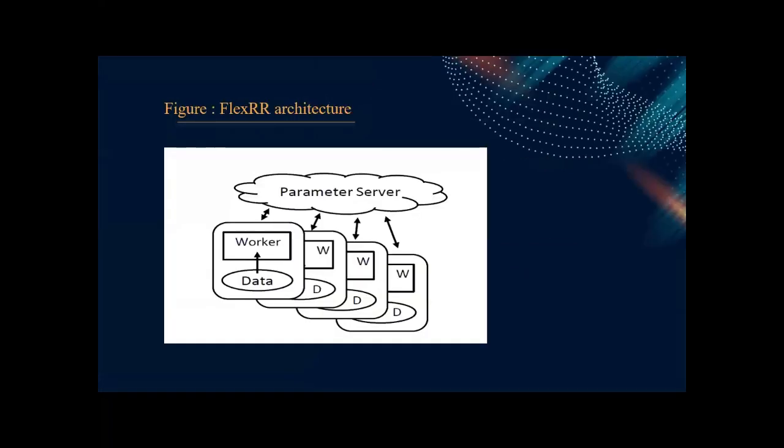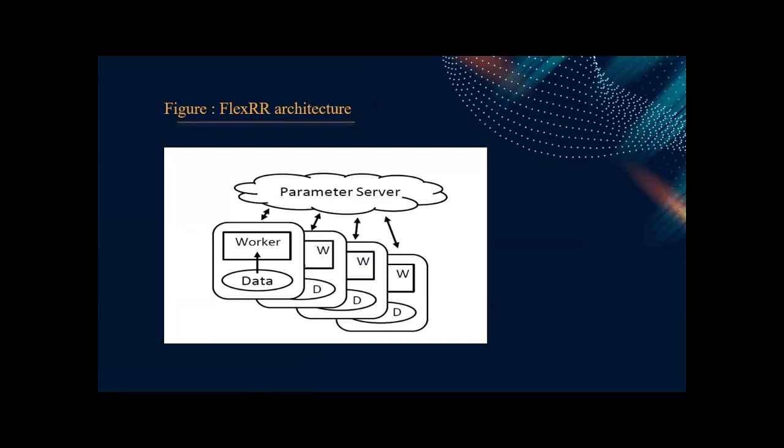In this diagram, we can see that we have workers, we have data, and then this is a parameter server. So the workers, as in the W, are the processing units that carry out the machine learning task. The diagram shows that there are multiple workers, which indicates that FlexRR can be run in a distributed fashion across multiple machines.